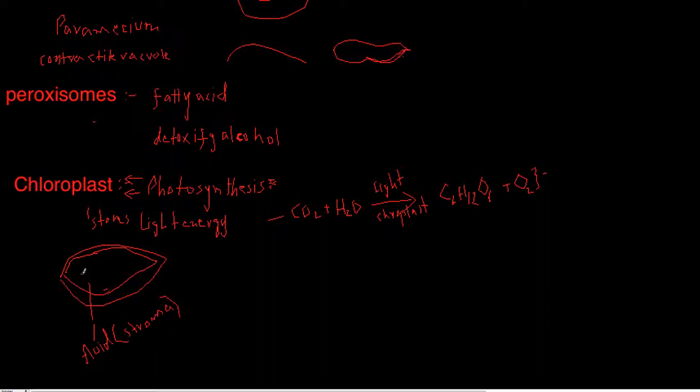And if you observe within the microscope, you would see that it has stacks, like coins, arranged like this. And each individual coin is called a thylakoid.